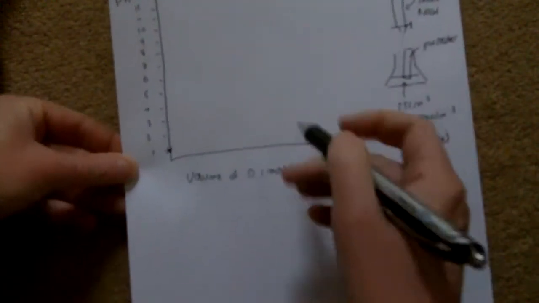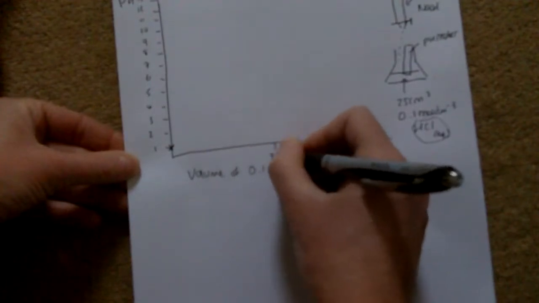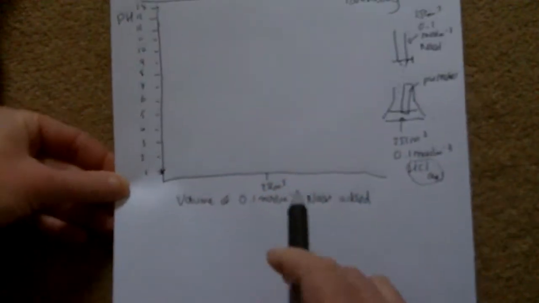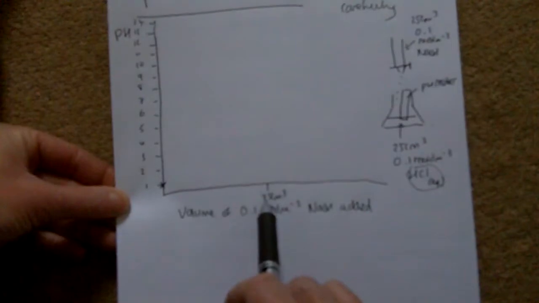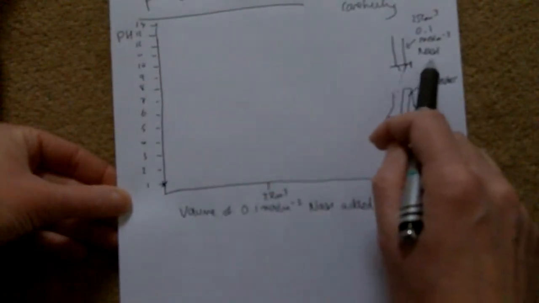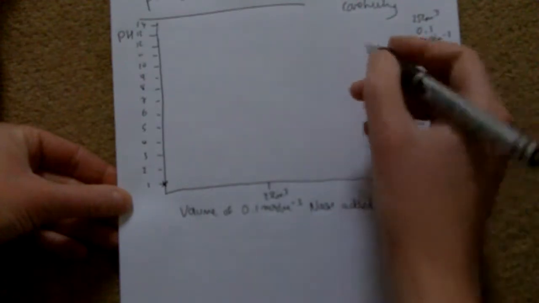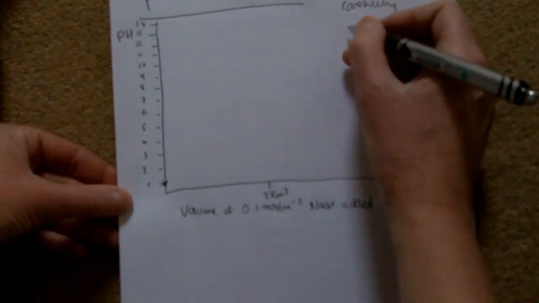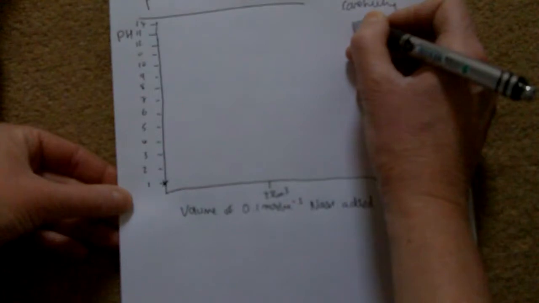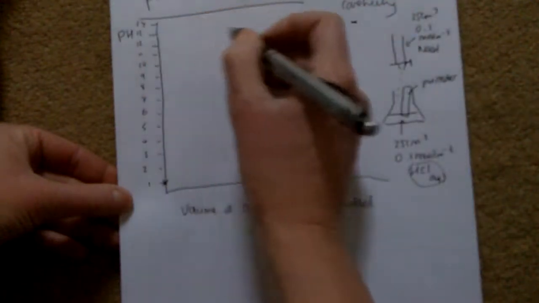You work out the neutralization point, when 25 cm³ of sodium hydroxide has been added. And because sodium hydroxide is a strong base, you'll finish somewhere up around pH 13.